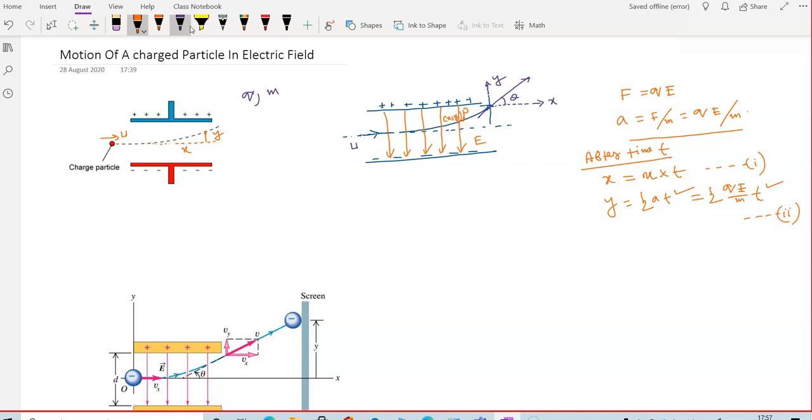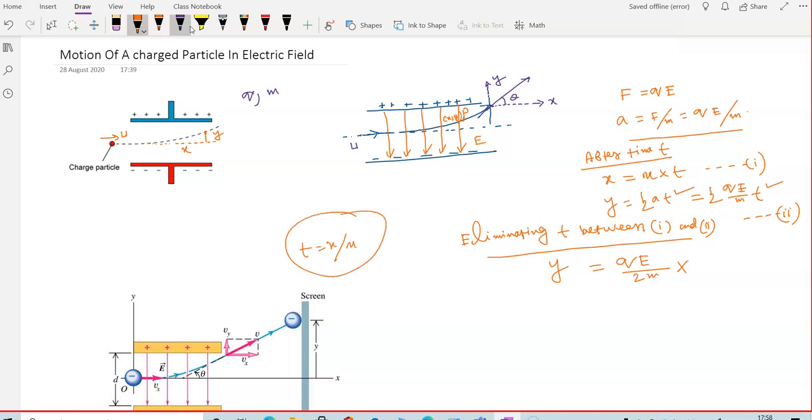So let us eliminate t between 1 and 2. What do I get? y equals QE by 2M into t square. What is the value of t? t is x by u.